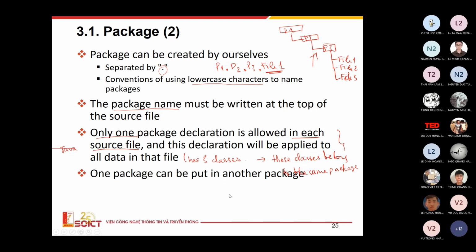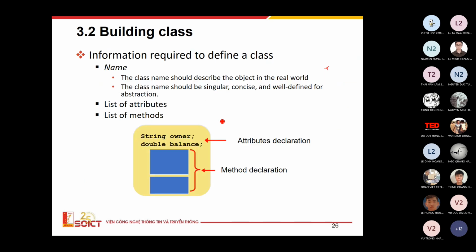So now we know about this packet already, and now we will see how we can write down the classes. For example, each class corresponds to one file in this packet. This is the second part. We will know how to build a class.